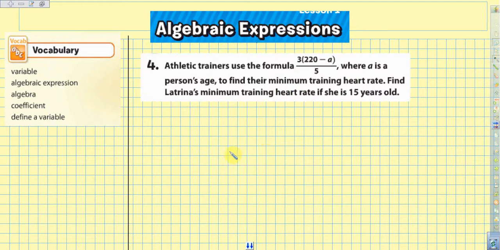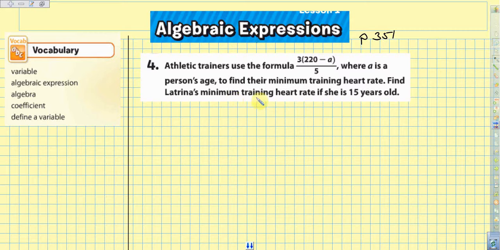Take a look at number 4, or example 4. This is on page 351. Athletic trainers use the formula 3 times the quantity 220 minus A, divided by 5, where A is a person's age, to find their minimum training heart rate.